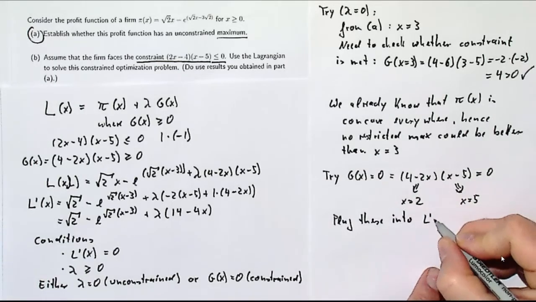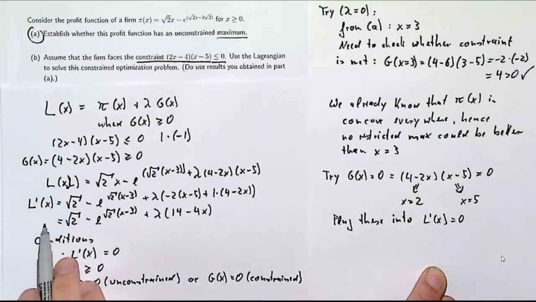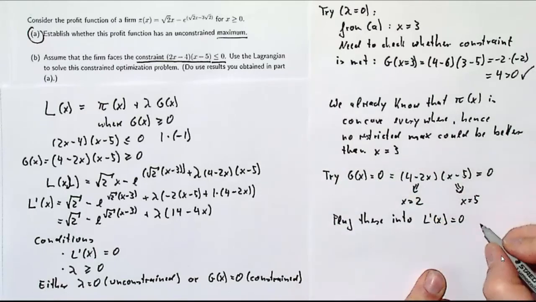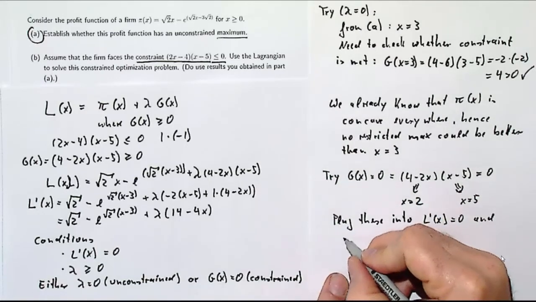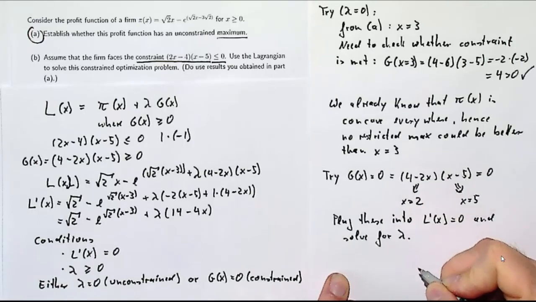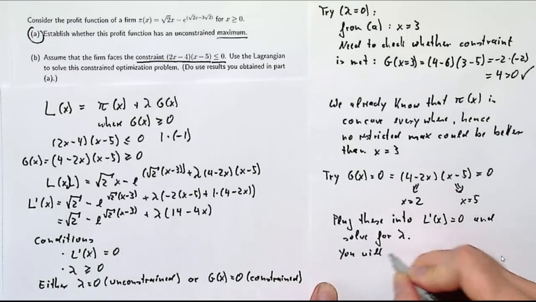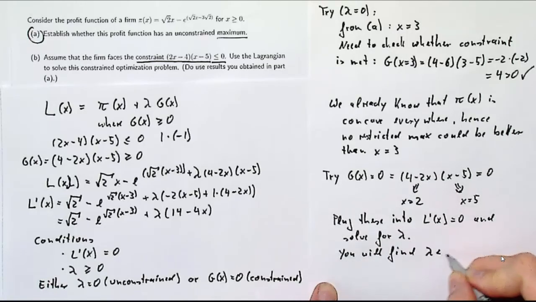These are the two values for x where that constraint is equal to 0. Then we would plug these values, x equals 2 and x equals 5, into our first derivative of the Lagrangian, which we saw on the left-hand side, and we would then solve for lambda. And then we would have to check whether lambda is larger or equal to 0 as required.